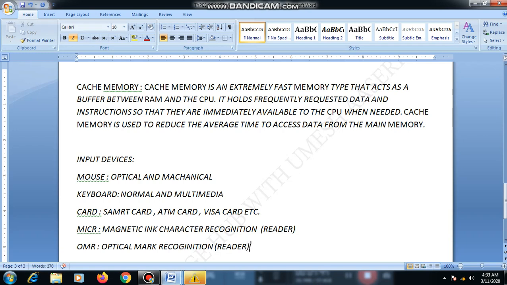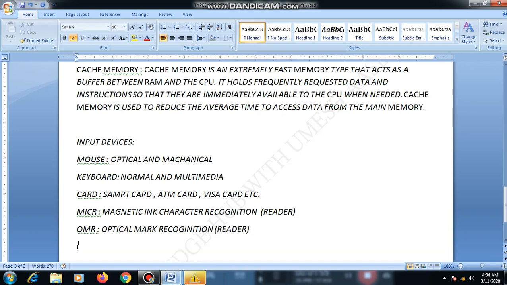You know that in competitive exams we have an OMR sheet. So who will check it? This device does the checking. Now BCR, barcode reader. You know that every product has some vertical black and white lines with an inbuilt number. It's called a barcode reader.